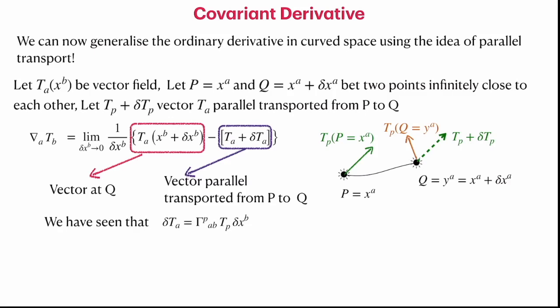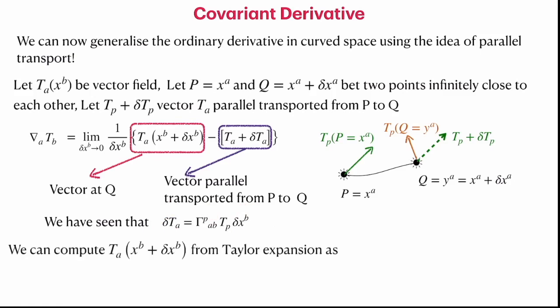In the last video, we saw that the way we defined parallel transport is such that the change due to parallel transport of the vector component is given by a set of connection coefficients, the component of T at the position P, and the change in the coordinate delta x^B. This is how we define the parallel transport.